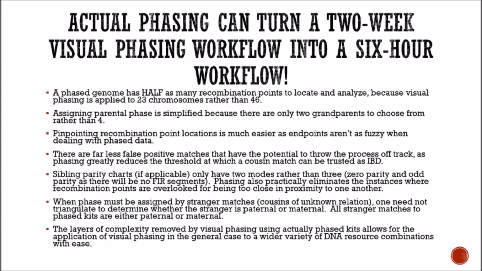And this is an important one. The layers of complexity removed by visual phasing using actually phased kits allows for the application of visual phasing in the general case to a wider variety of DNA resource combinations with ease. It really takes away the limitation of only using the sibling special case, the Steve Fox case, and opens the door to a wider possibility of what relatives you can use for a visual phasing project.